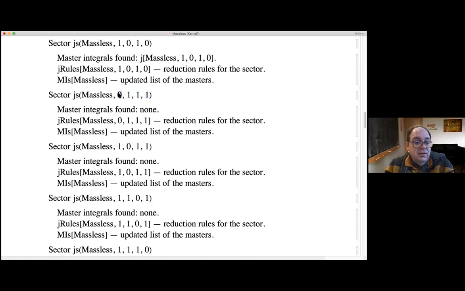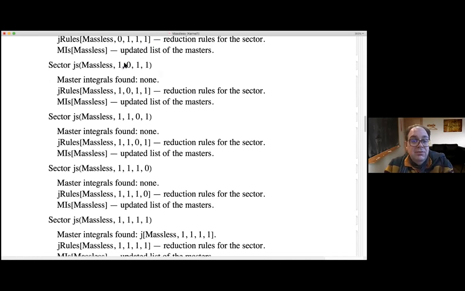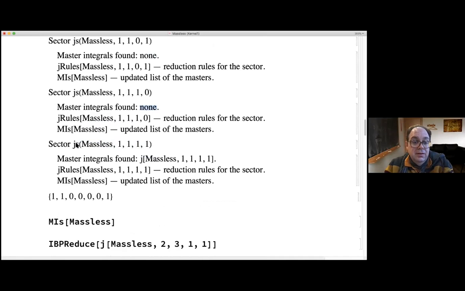Nu1 is negative, so that propagator is absent. There are 3 propagators, but there was no master for this class of integrals that had 3 propagators. And indeed, the code says it doesn't find any master in this sector, and the same for all sectors where you have 3 propagators. It says master found: none.